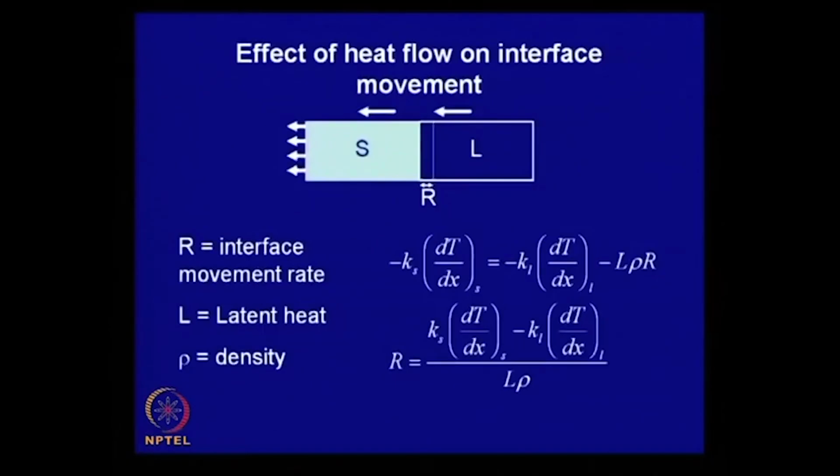Now, the evolution of structure depends primarily on how the heat is extracted from the system, from the liquid metal when it is poured in the mold. Let us take a simple case, which is listed here. Suppose this is the portion of the liquid which has been poured in the mold, and the heat is extracted unidirectionally through this direction.